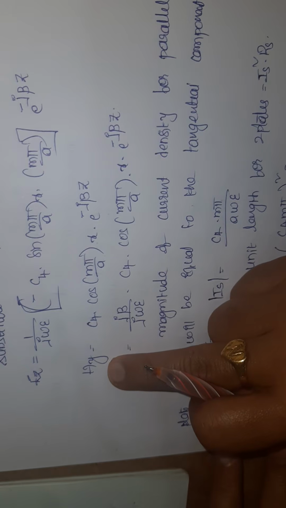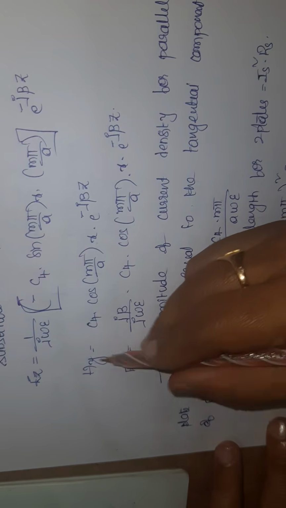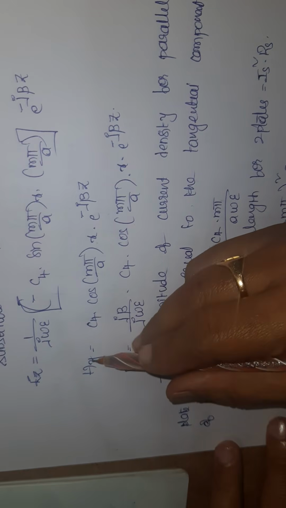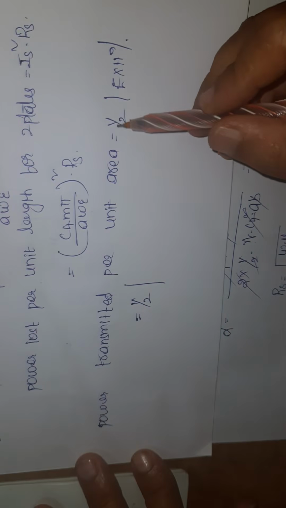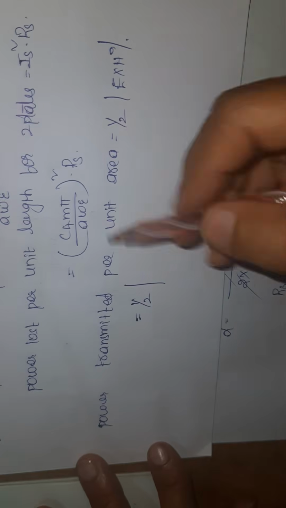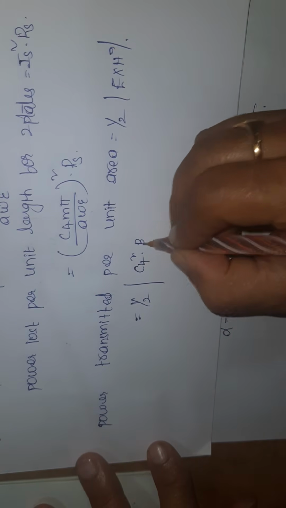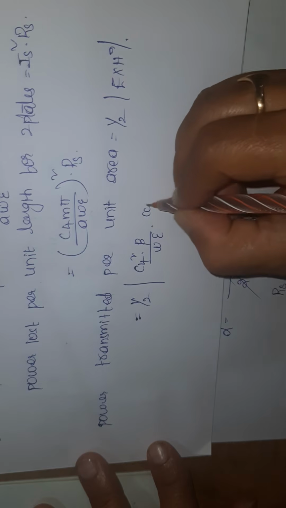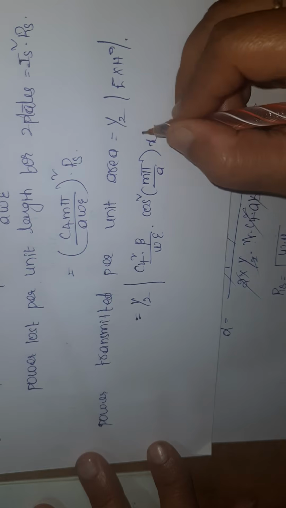That is the basic transverse nature of electromagnetic wave. Okay, if we are having these suffixes different like Ey, Hx, then we have to place negative sign in the formula. Okay, so now it is C4 square beta by omega epsilon cos square m pi by a into x.